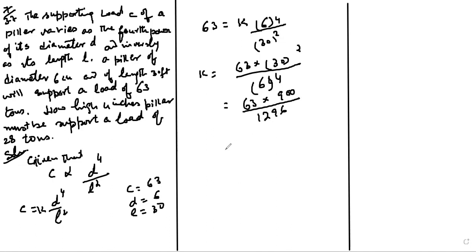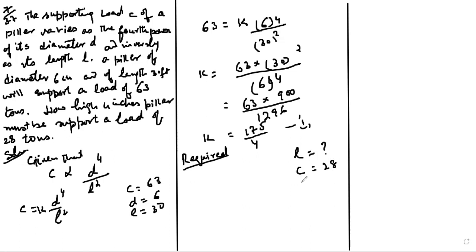Simplifying this, we have 175 over 4. This is the value of K. Name it number 1. Now what is required? We have to find the value of L. We have C equal to 28 and D equals 4 inches.